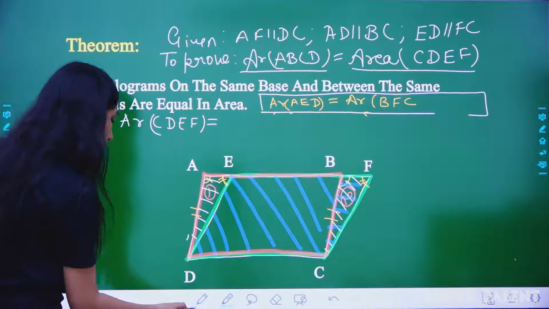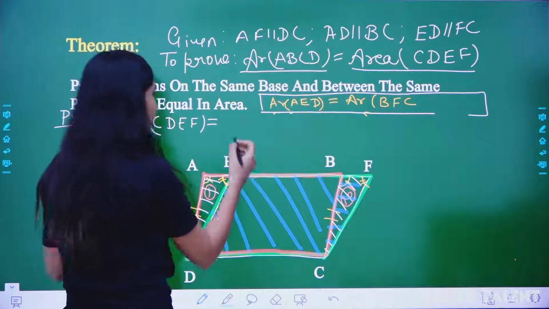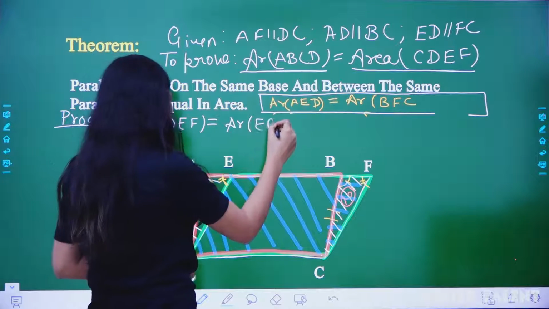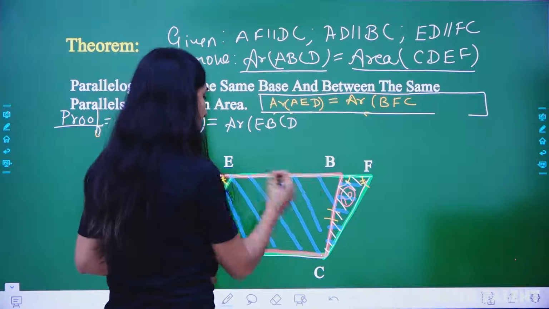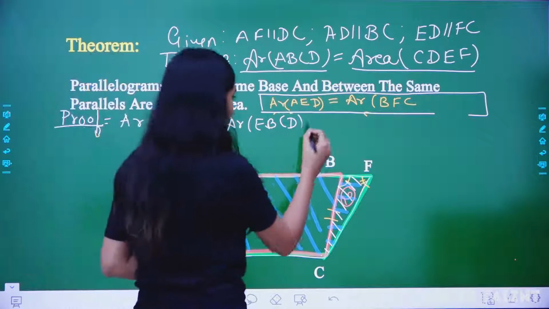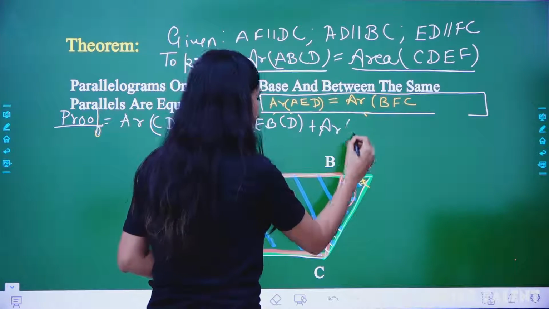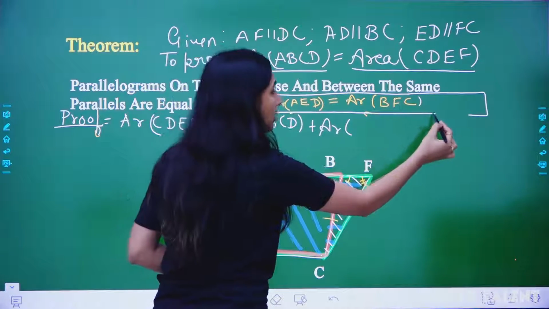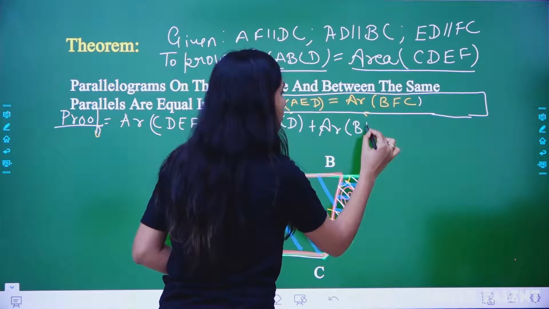No doubts. So I'm going to write this area EBCD, plus area BFC.